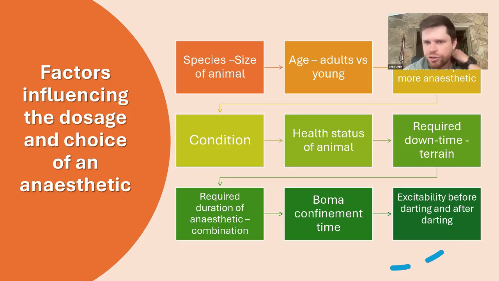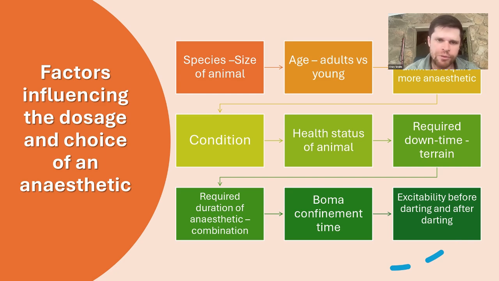Generally speaking, the most important one are your pregnant animals. Thankfully with a lot of the ruminants, they're fairly seasonal breeders. So at the moment, working with a lot of impalas at this time of year, you're going to know that you need a little bit more anesthetic, as they're quite heavily pregnant, compared to, let's say, in May, when they are either dry or very early pregnant.